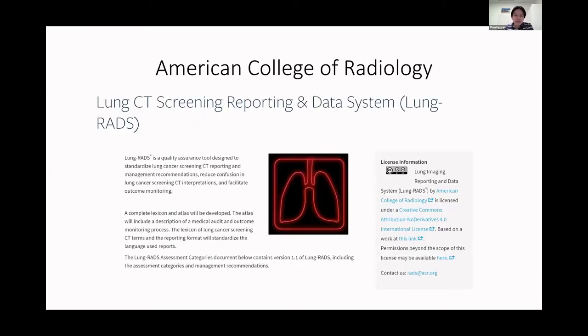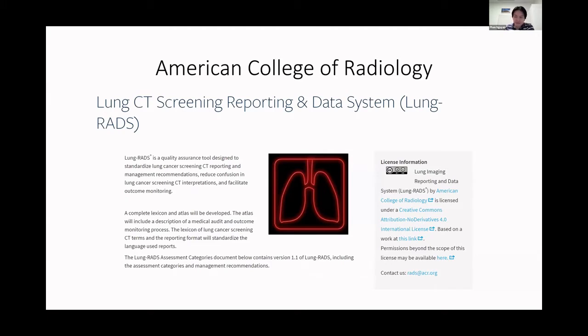So two of the radiology societies which have released guidelines include the American College as well as the Fleischner Society. So this Lung CT RADS system, or Lung-RADS system, was updated in 2019.